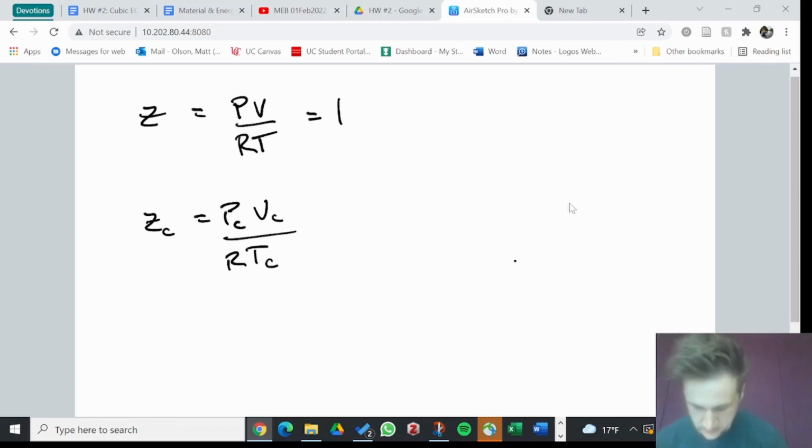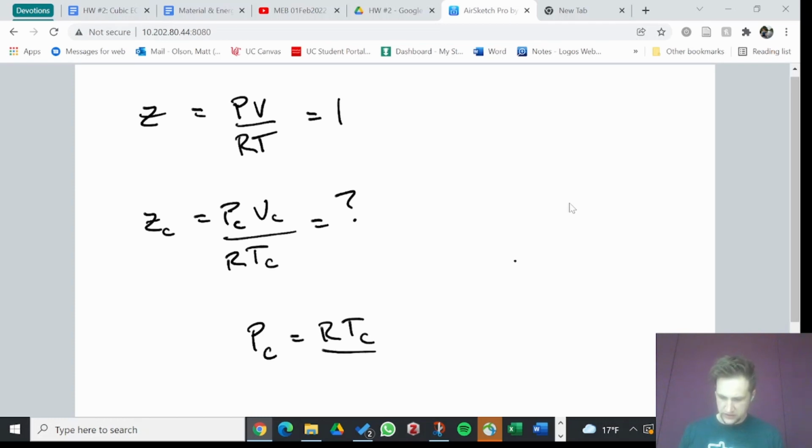The R remains constant. So what is this ratio right there? Let's go ahead and solve for that now. Again, we have our pressure at the critical point equals, according to van der Waals equation, RT over V minus B, minus A over VC squared.